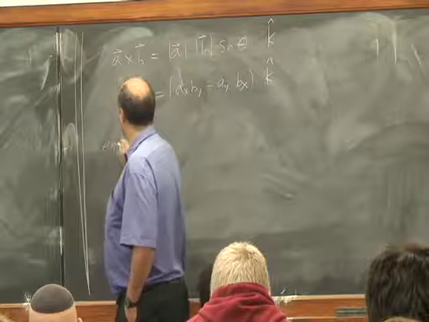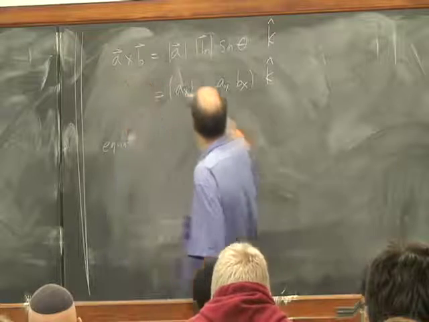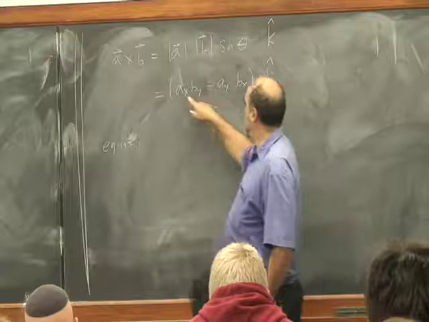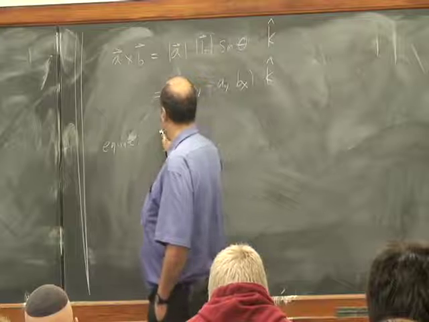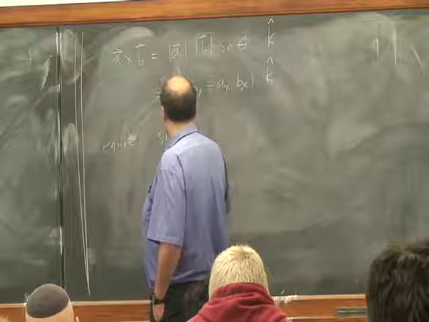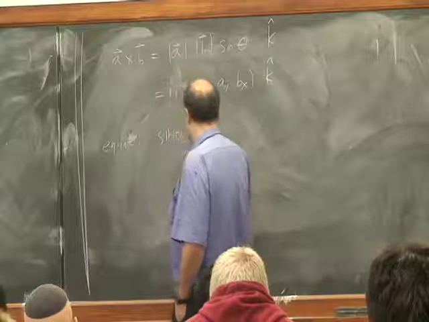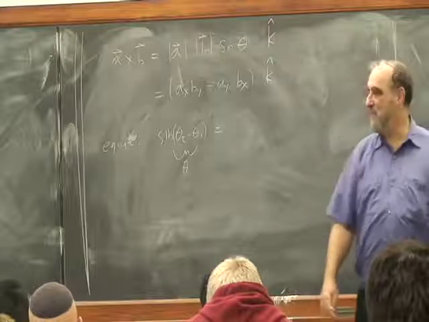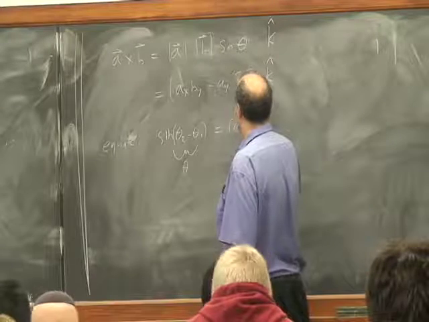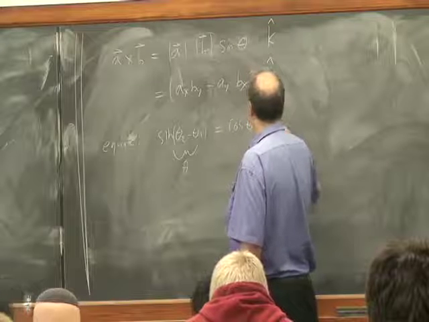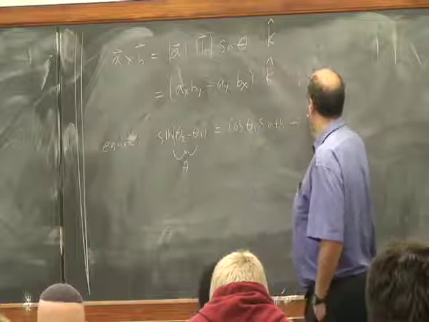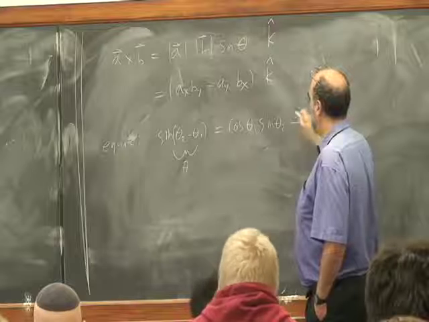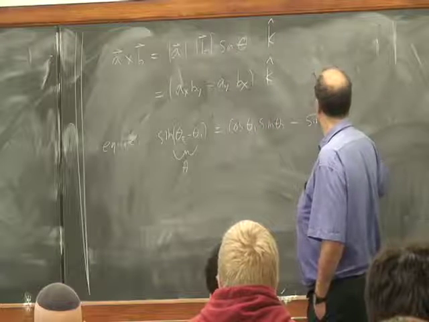And then we equate these two different formulas, and that means this expression equals this expression, but these are both unit vectors, and these are then the same cosines and sines we had before. So this tells us that sine of theta 2 minus theta 1, this is the thing we had called theta, is equal to what we get from the components, but all of these components are just cosines and sines of theta 2 and theta 1. So this is equal to cosine of theta 1 sine of theta 2 minus sine of theta 1 cosine of theta 2.